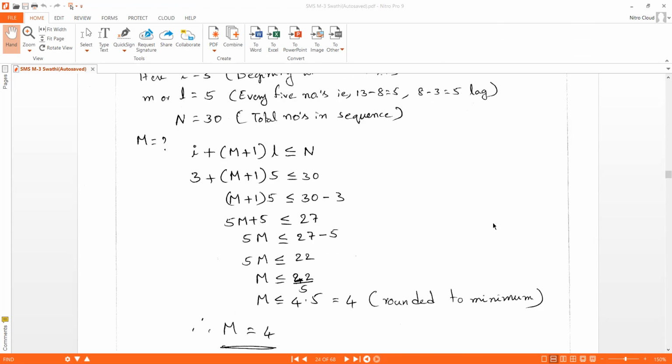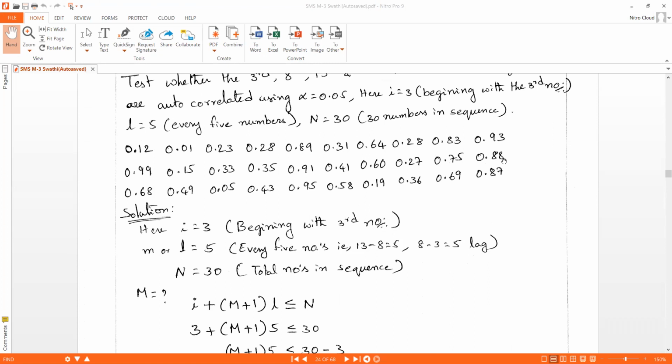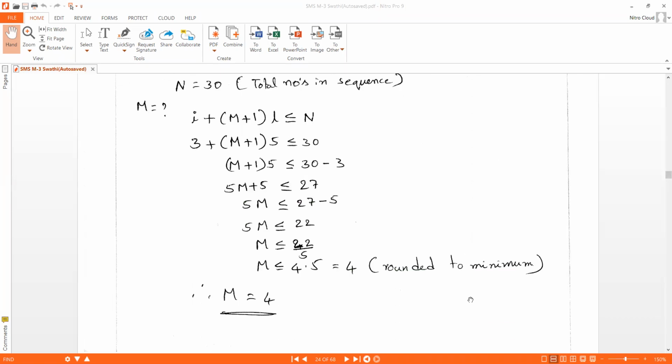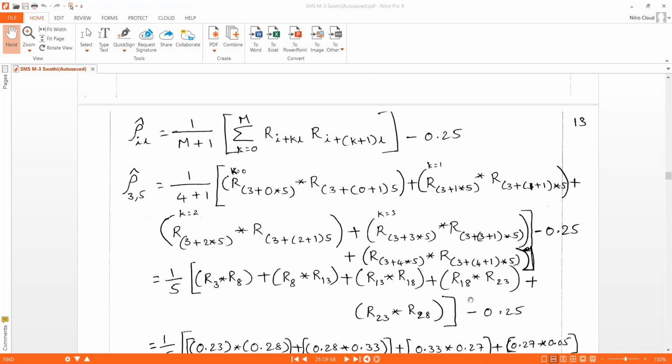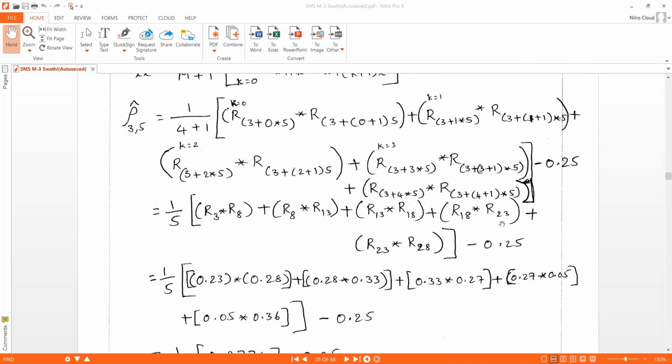R23 value is here. Okay, this is R20, R21, R22, R23. R23 value is 0.05. We will substitute 0.05 in place of R23.